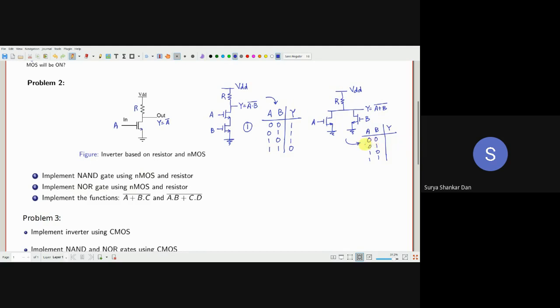You can clearly understand that when any one of A or B becomes high, it is always going to create a short circuit path from the output node to the ground, such that the output will always be 0 when any one of A or B is high.